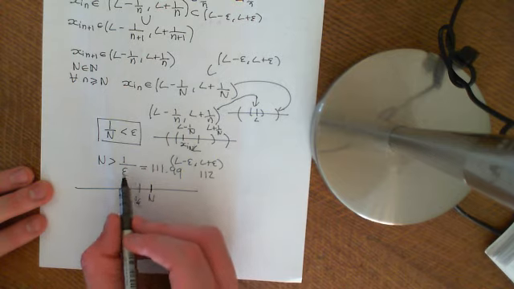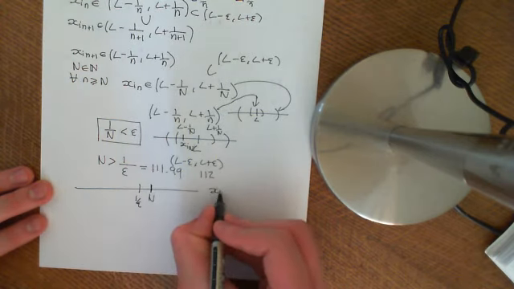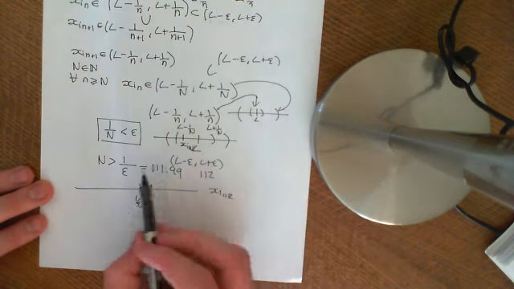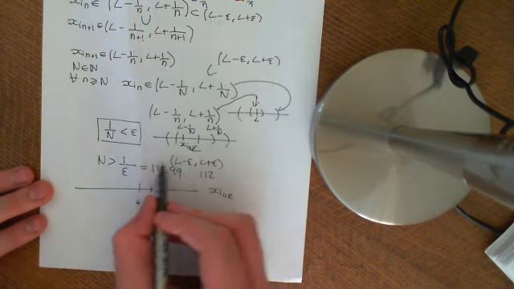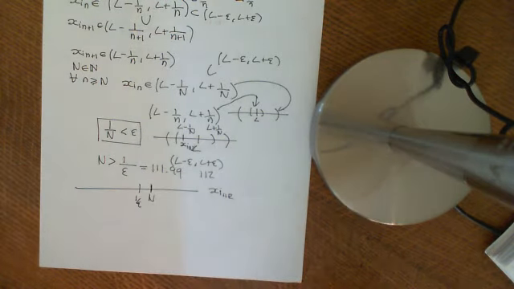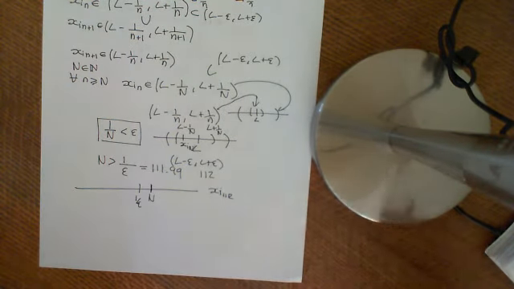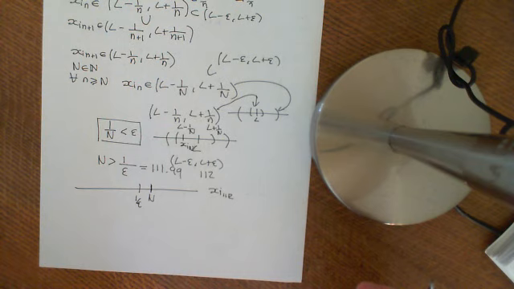Then all the terms of this sequence beyond xi_1112 will be within the interval [L − epsilon, L + epsilon], whatever epsilon was. Okay, so that's the proof basically that this sequence does indeed converge to L.